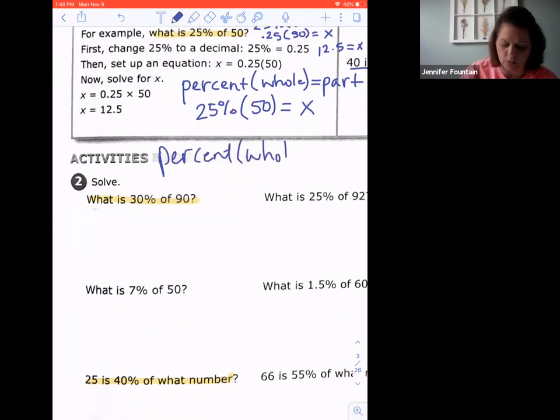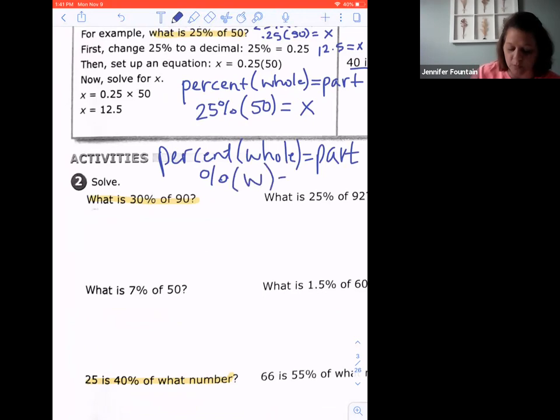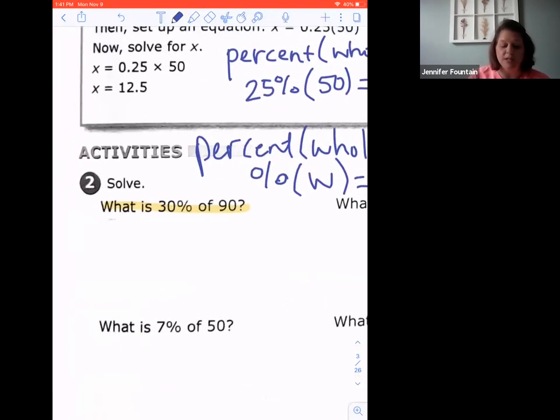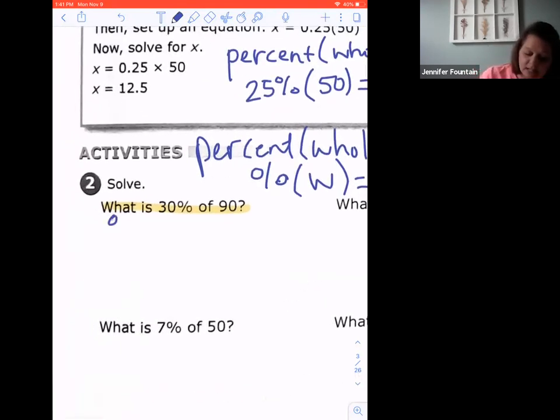times whole equals part. Now, if it helps you, if you want to condense that, you could just do the percent sign times W equals part. That's just a shortened way to remember it. So then that way, if you wanted to write that before you plug everything in, you could have percent times W equals part.